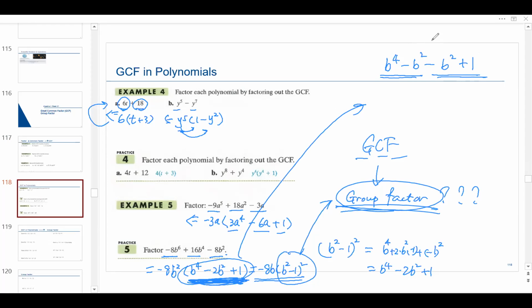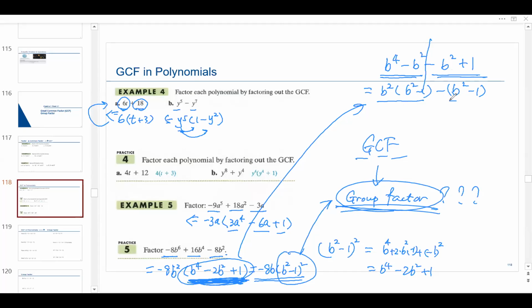In the first two terms, the common factor is b squared, so b squared times b squared minus 1. In the second group, we take negative 1 out as the greatest common factor. So right now, what do you see here?